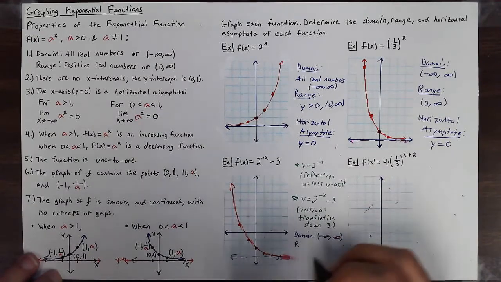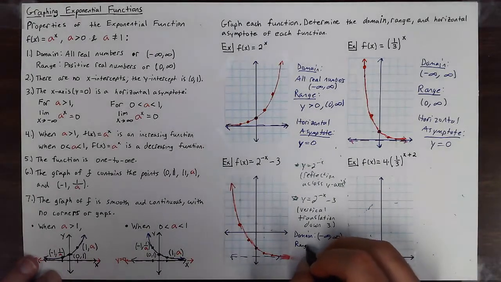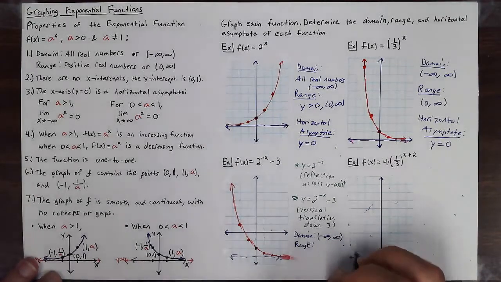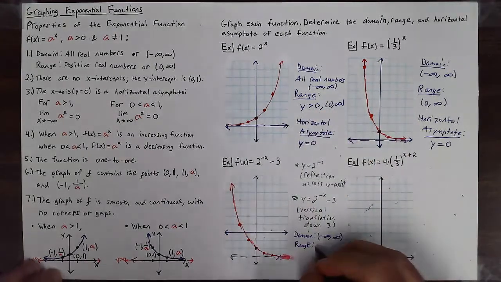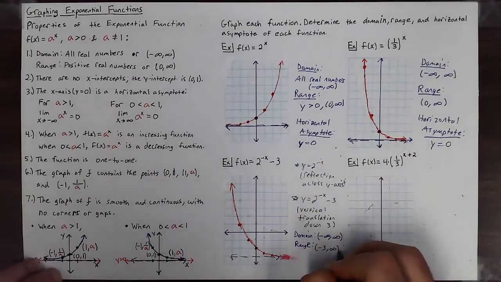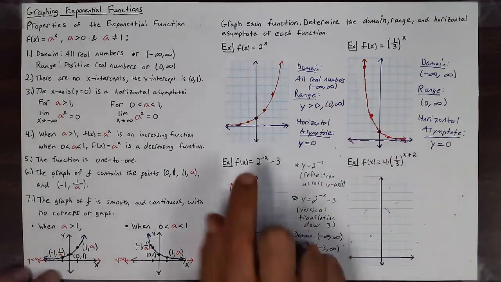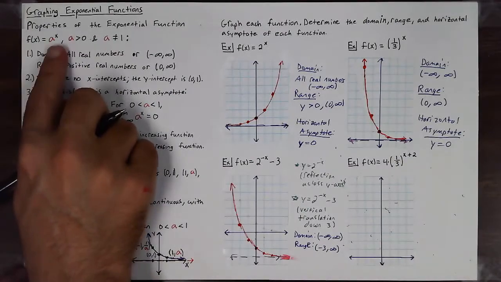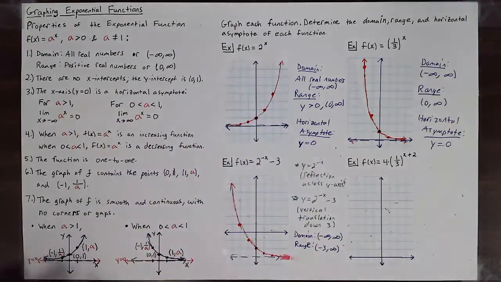The range is now, instead of being greater than 0, greater than -3, so from -3 to infinity. You don't include -3 or 0 because this function can't actually equal 0. When you raise a number to a power, whether it's a positive or negative power, it can either get really big or really close to 0, small, but never exactly 0.